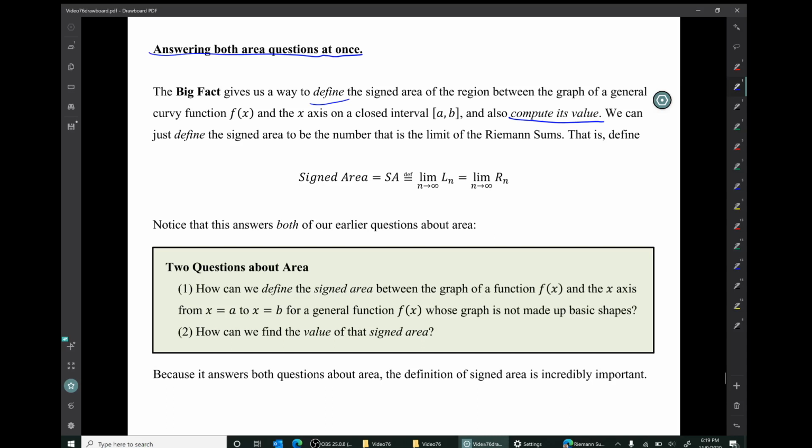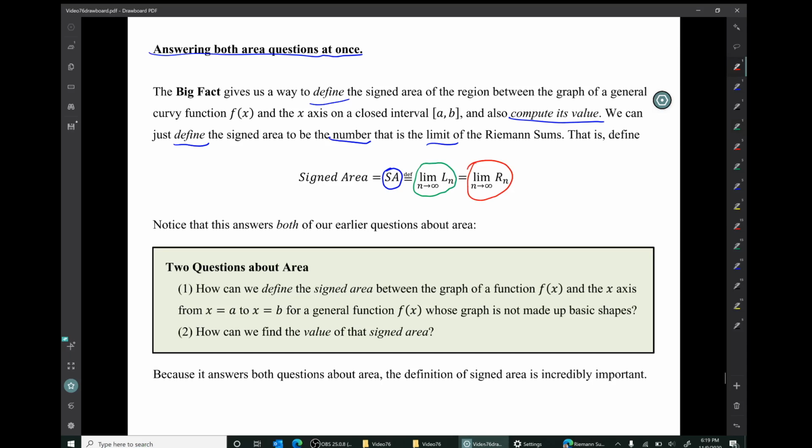Well, we can just define the signed area to be the number that's the limit of those Riemann sums. As we define that unknown blue area, here's a definition. We're going to say that it's defined to be that limit, which is also the value of that limit.